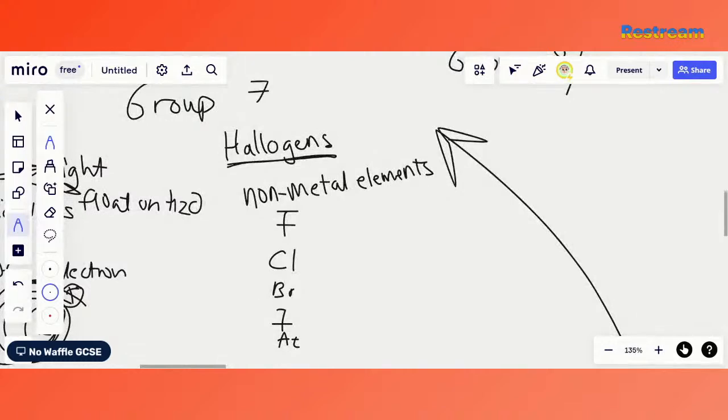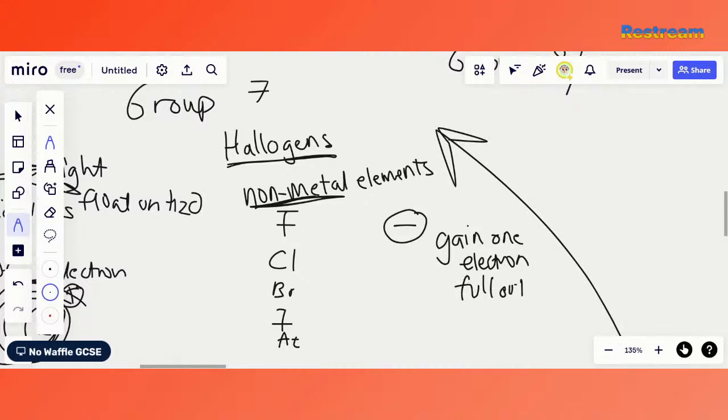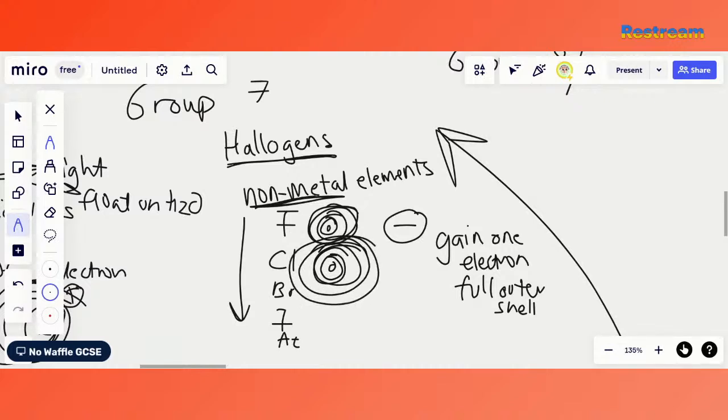Group 7 elements all are nonmetals that have 7 outer electrons. Now, in this case, they want to form a negative charge and gain 1 electron to form a full outer shell. Now, as we know, as you go down, the number of shells increases as you go from the nucleus. So there's a lot more going down the group. And the nucleus is in the center.